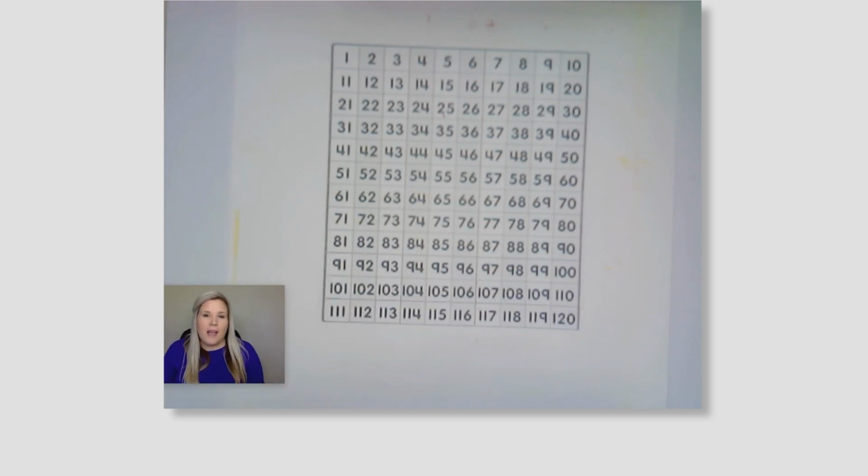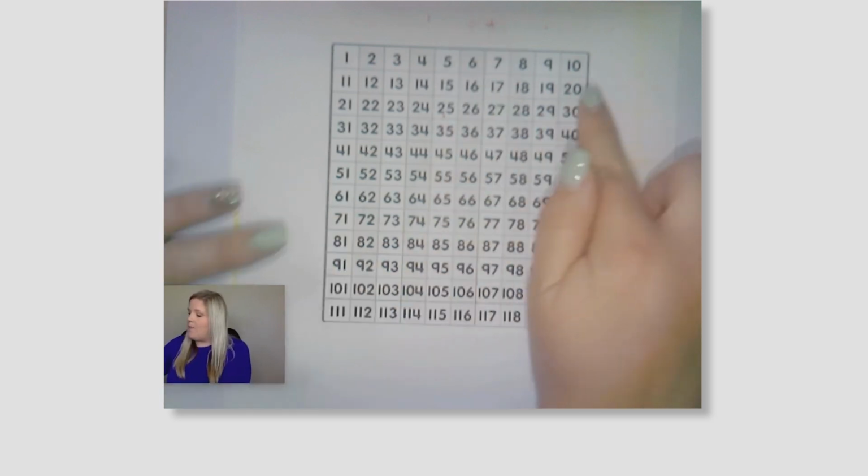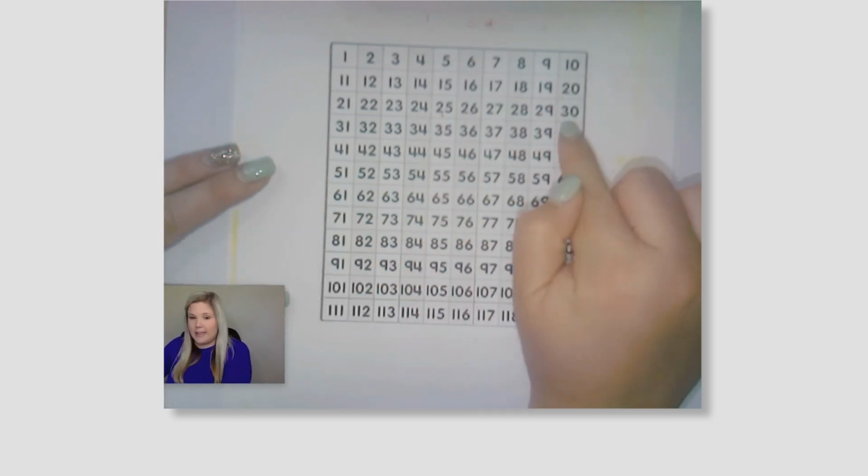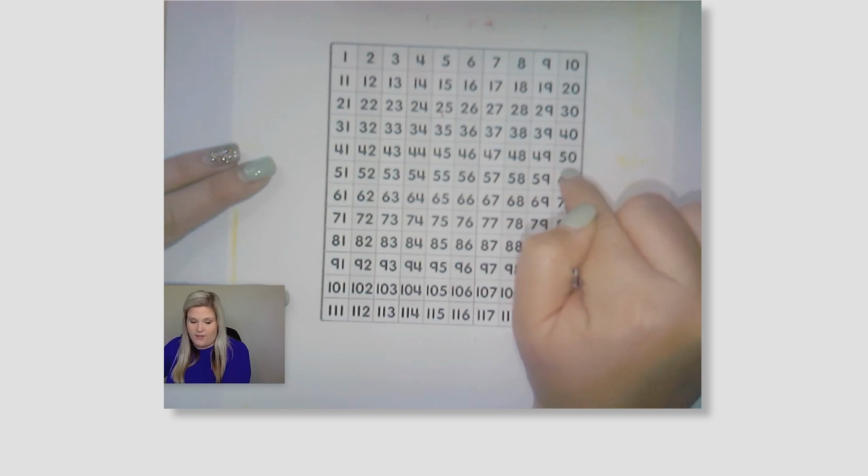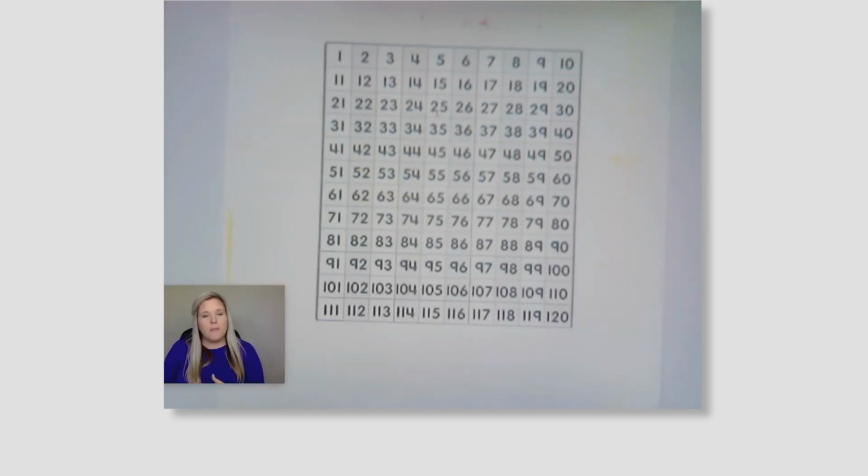I can also count by tens using the 120 chart, like this. 10, 20, 30, 40, 50. You might notice a pattern in the way that my finger moved as I counted by tens.